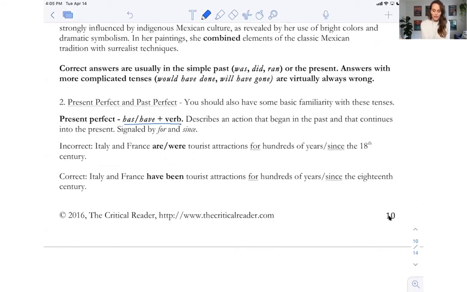So Italy and France have been tourist attractions for hundreds of years because they're still tourist attractions. It hasn't stopped. Well, maybe now with current events, they've briefly stopped being tourist attractions. But in general, they have been, right? So it has not stopped. It continues into the present.